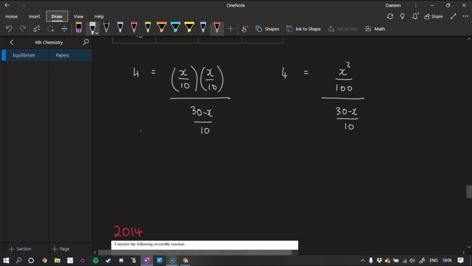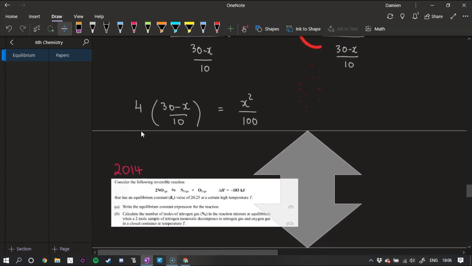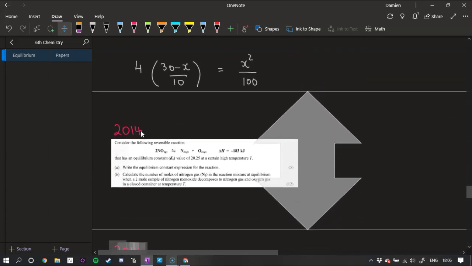And what I'm going to do here is bring that up there and multiply it in. So we've got 4 multiplied by 30 minus x all over 10, and that equals x squared over 100. Depending on what way you want to do your maths here, there's lots of different ways you can figure this out.